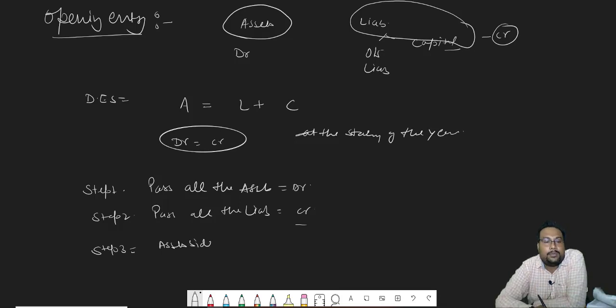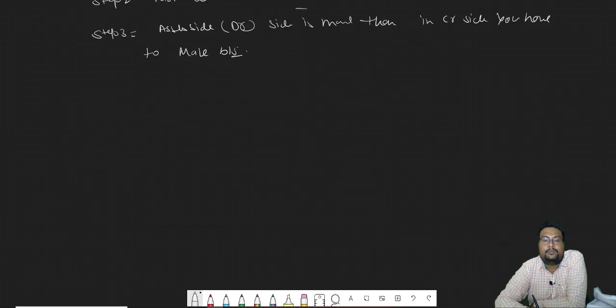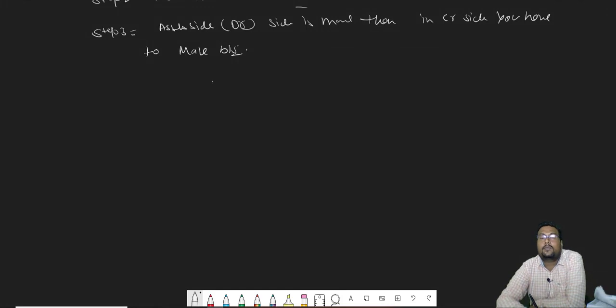Now step number 3. If your asset side is more, it means your debit side is more, then on the credit side you have to make the balance. And how can you make the balance? Simple, beta.